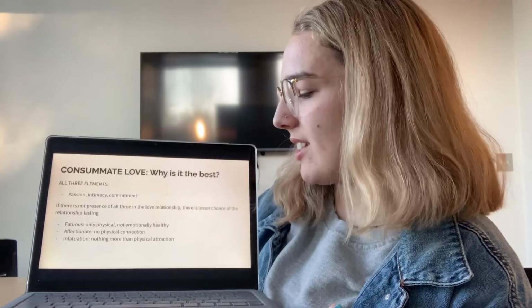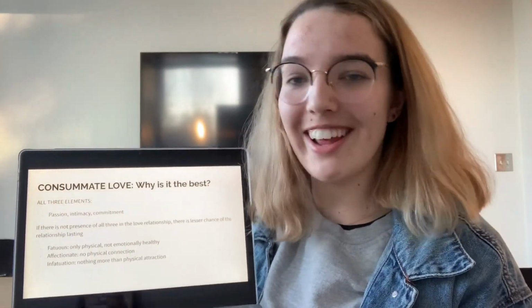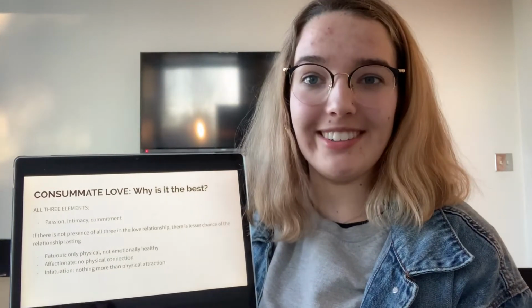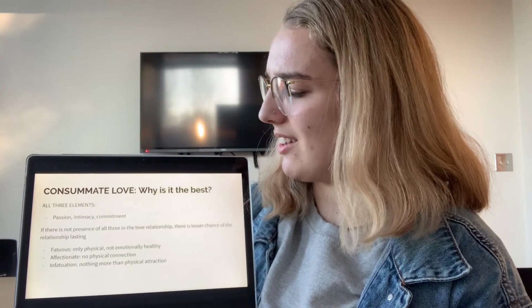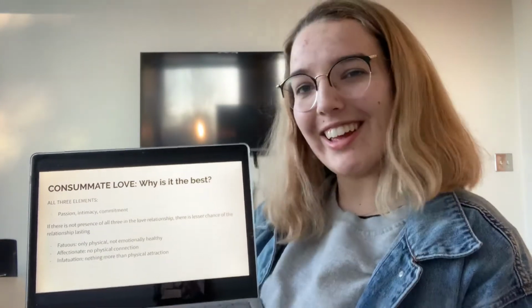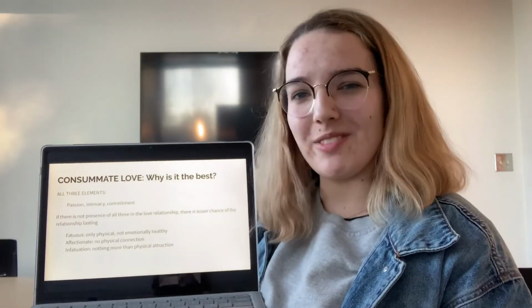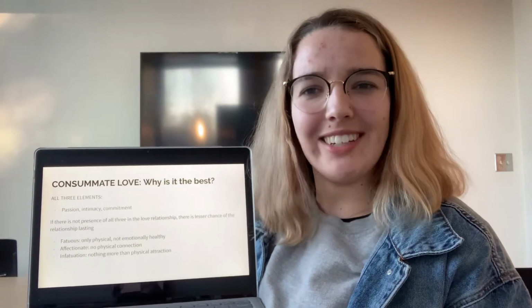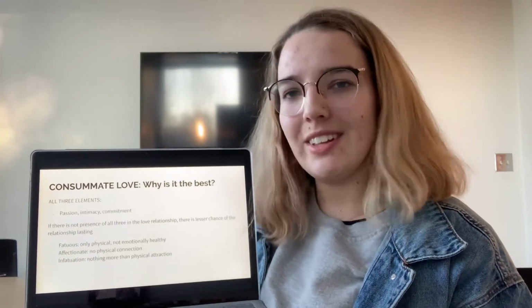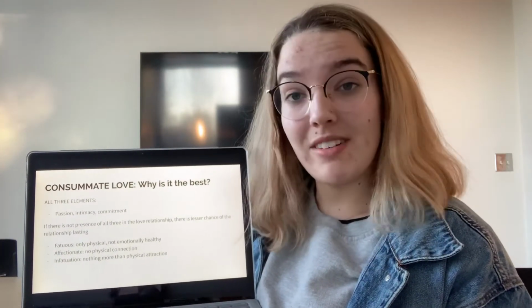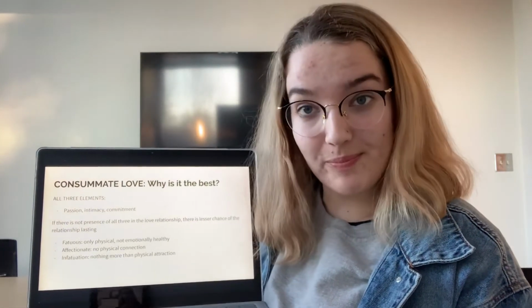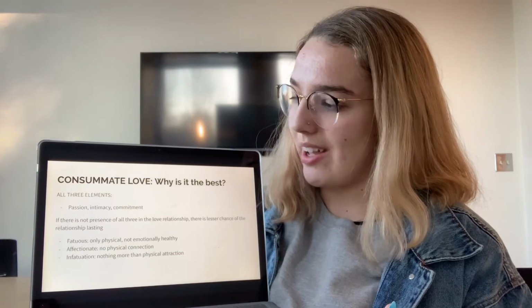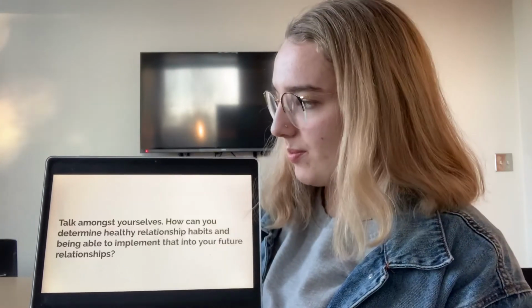And then infatuation, it's nothing more than physical attraction. It never goes anywhere beyond just wanting to have someone because of what they look like. You never get that emotional connection of knowing who they are and what they're like and all of that. And so that's why consummate love, encompassing all three, passion, intimacy, and commitment, it makes sense why that would be the healthiest relationship.